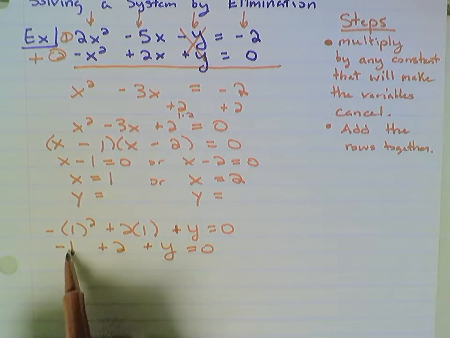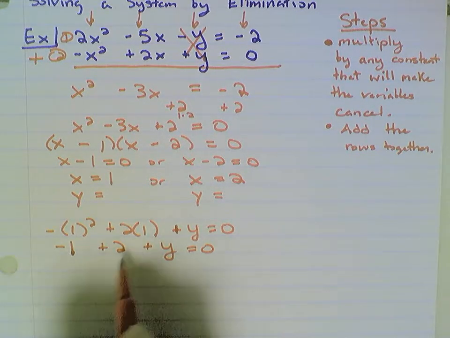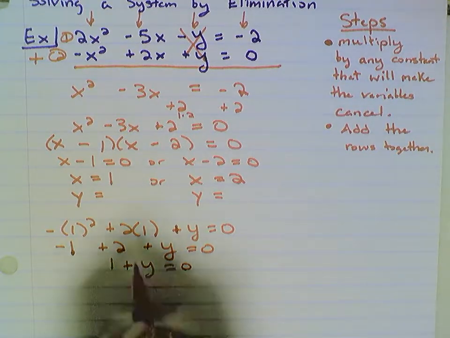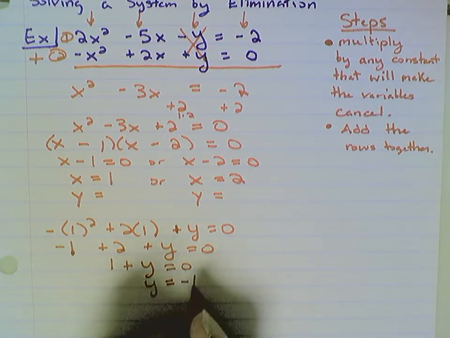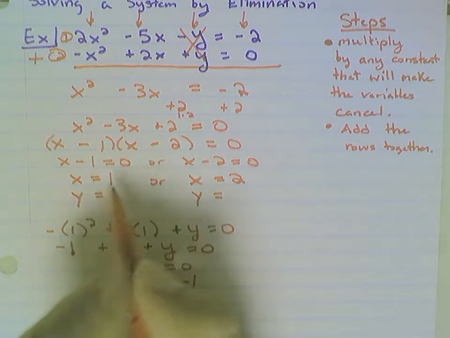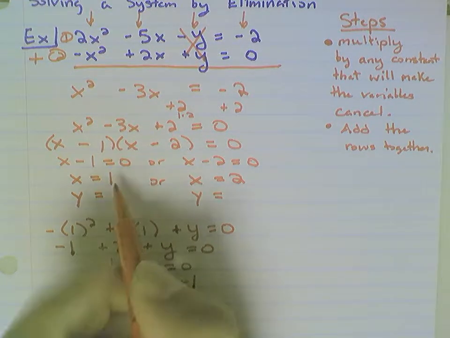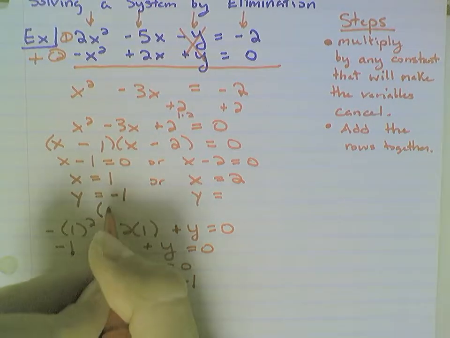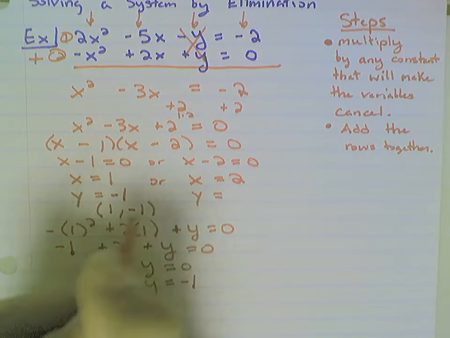Negative 1 plus 2 gives me 1 plus y equals 0, and solving for y, I get y equals negative 1. So when I plug an x value of 1 in, I get a negative 1 out, and my solution as a point is 1, negative 1.